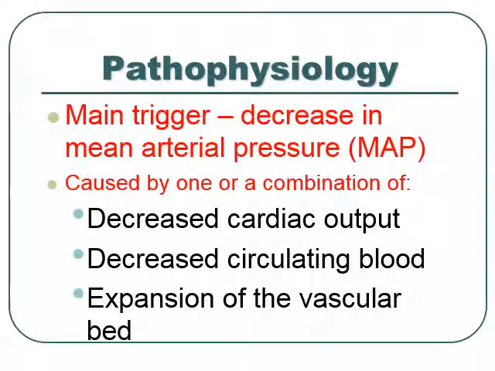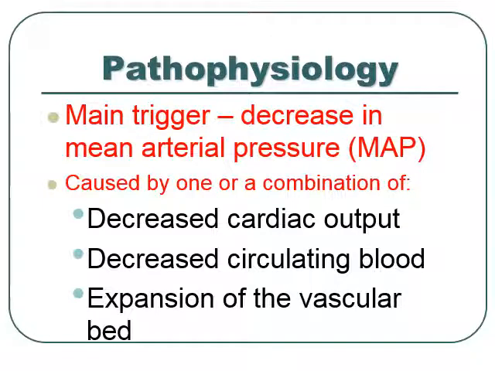So if my cardiac output would decrease, would that make sense that I would have a decrease in my mean arterial pressure? If I have a decrease in my circulating blood volume, does that make sense that I would have a decrease in the mean arterial pressure? Because if mean arterial pressure is my cardiac output times my peripheral resistance, and I don't have volume like I used to, then that would make sense that that could decrease that.